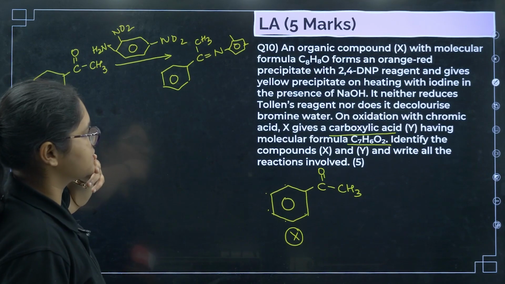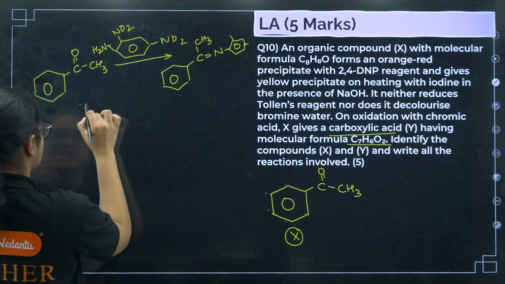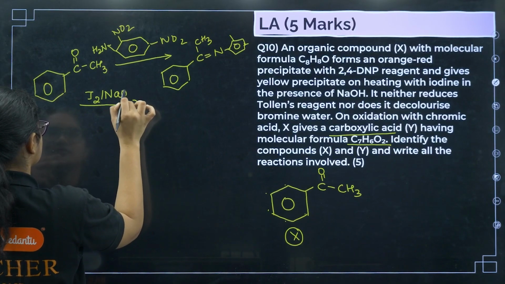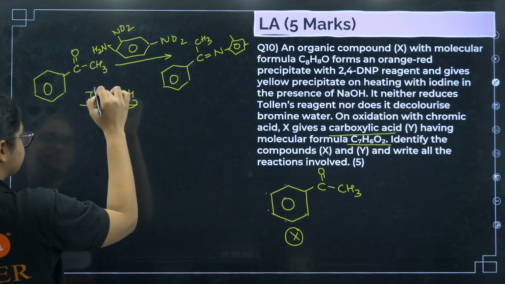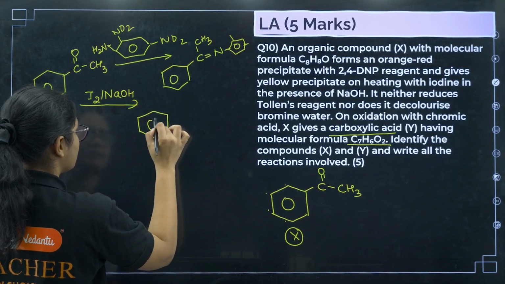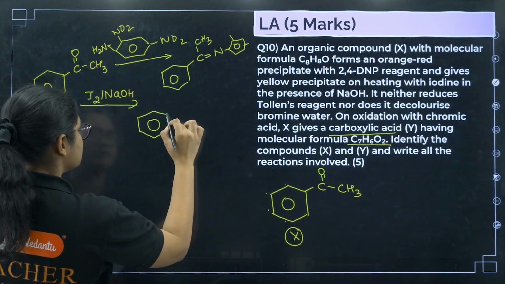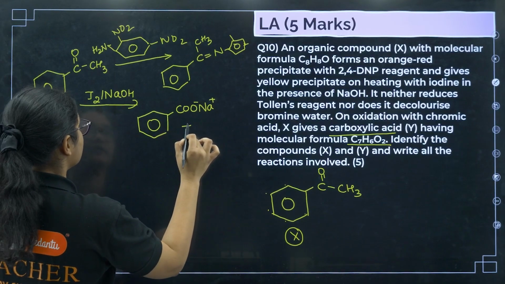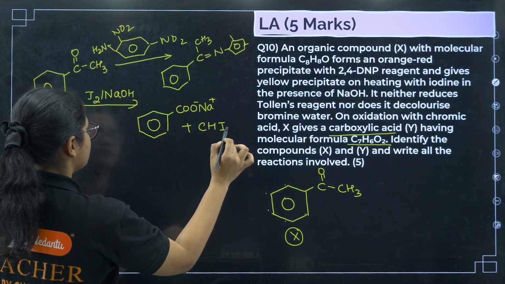The second one is that it gives a yellow precipitate with iodine. So if I react it with I2 and NaOH, what will happen? This one will break like this, and you will get COO minus Na plus and CHI3.